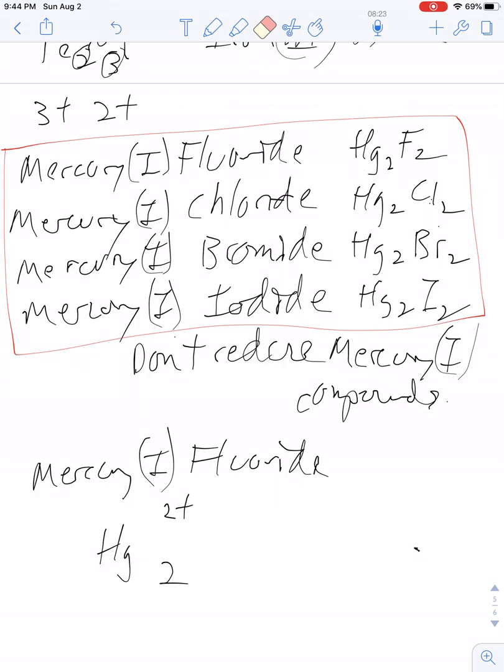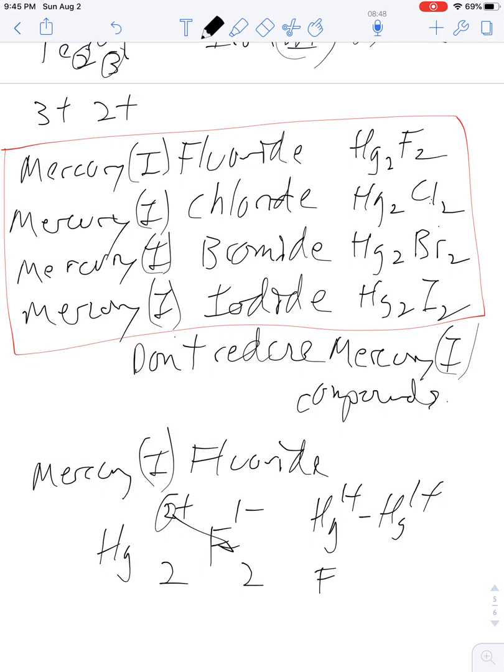And so then if I was pairing it with a fluorine, which is a minus 1, basically most of my crisscross is already done for me. So that's how it balances. And you might say, well, that's not really balanced. Well, it is if you draw it out. It's mercury 1. So there are 2 mercuries, each with a 1 plus charge. And there are 2 fluorines, each with a minus 1 charge. So if you add that all up, it equals 0, and that's the goal.